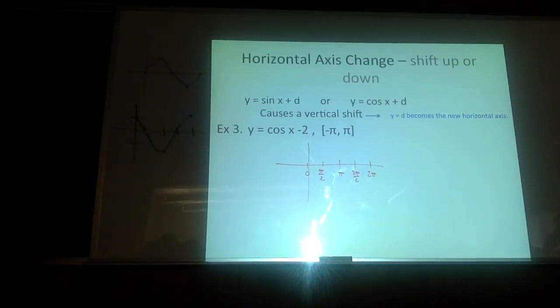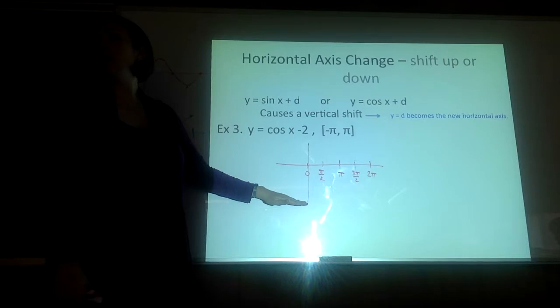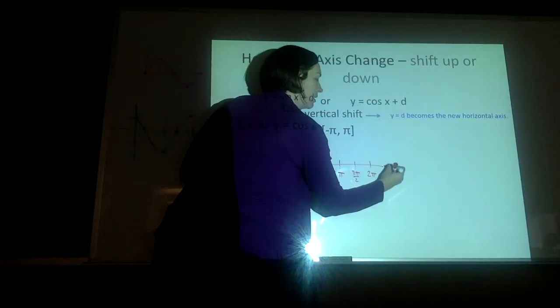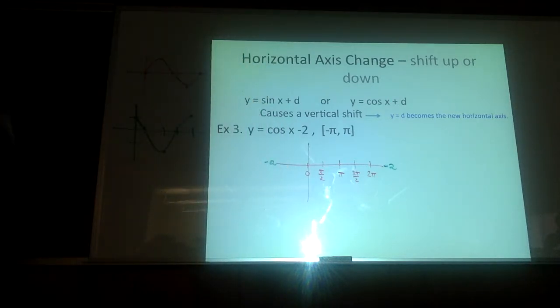Now, this is the reason why I want you to do this on plain paper. If I ask you to take the center line and drop it down 2, if you were dealing with graph paper, you would have your axis and you would go down 2, correct? What I want you to do is just label this as negative 2. Create your axis at the negative 2 value.